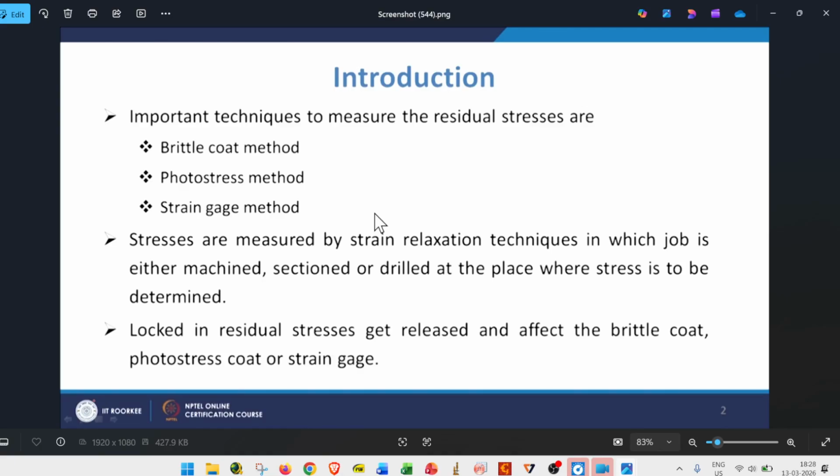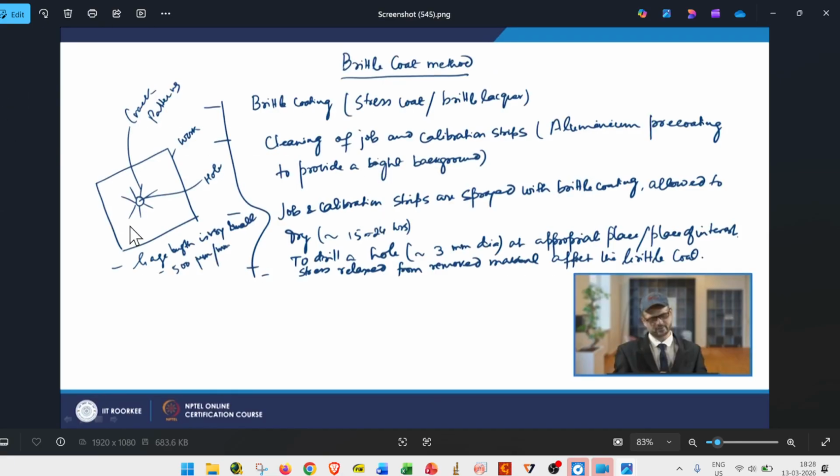Because of that hole, stress relieving takes place. As the coating has brittle property, wherever the compaction and expansion takes place, the brittle coating starts showing fractures. There we can find out the stress level.